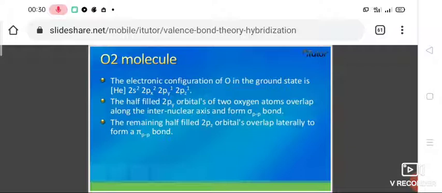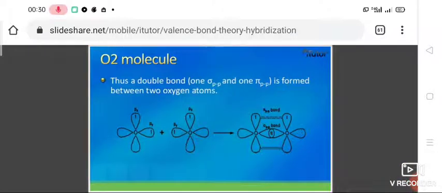If you keep a hand in this straight position, that is a z orbital. Thus a double bond, one sigma pp and another one pi pp, is formed. Py forms the sigma bond and pz forms the pi bond.